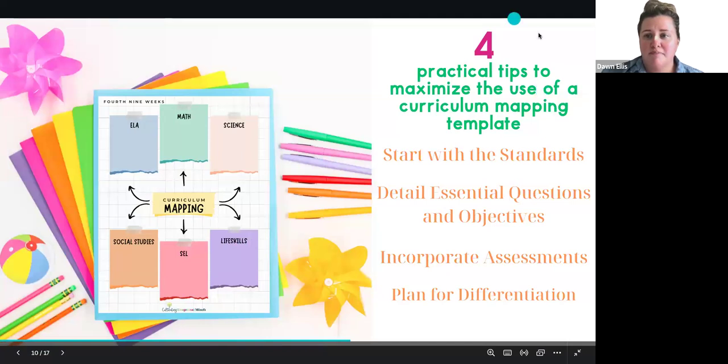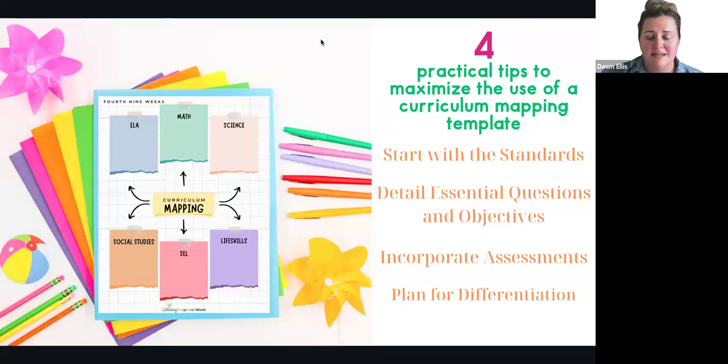So to make sure that we have some practical tips, because that's really key here to maximize our curriculum mapping, I want you to take this curriculum mapping page from the guide today and pull out your state standards. Make sure you have access to them digitally or you have it printed.